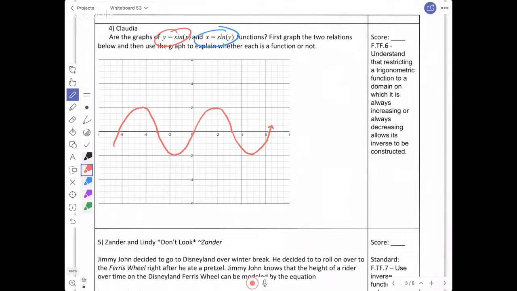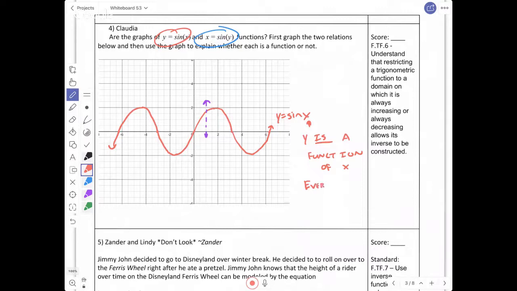And there's y equals sine of x. And I can see pretty clearly that this passes the vertical line test. Every input has exactly one output. So here in this graph, y is a function of x.